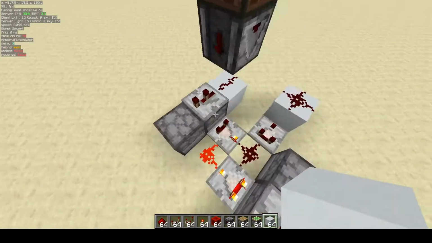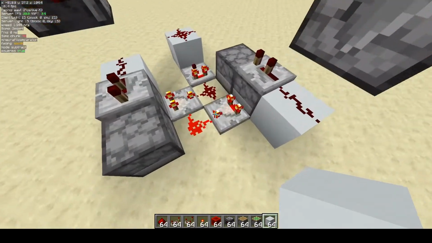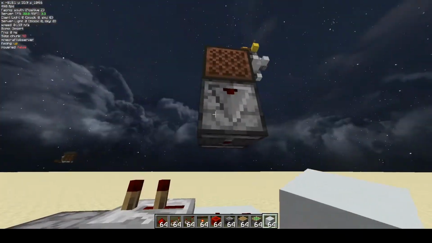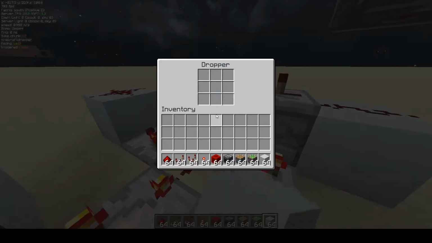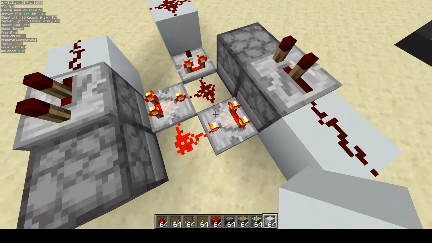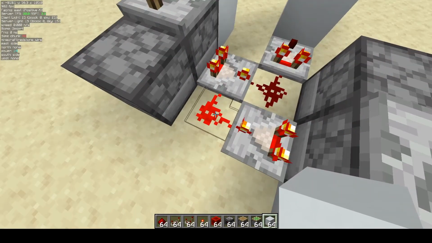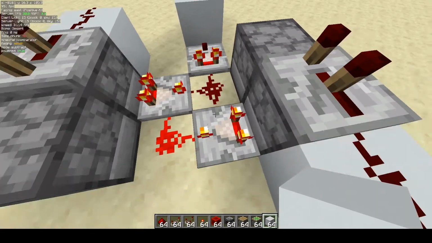And then what it does is, when we activate it, so it would be this one right now, for a split second before this repeater activates, this dropper will fire. It will send one item into there, so this comparator is no longer detecting 15, so this will switch down to 1 less than it currently is. So right now it's at 14, and that's at 1.